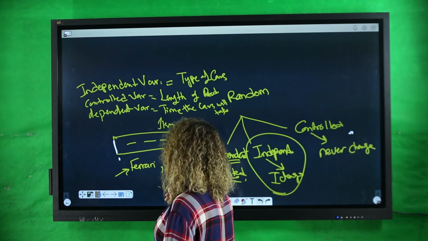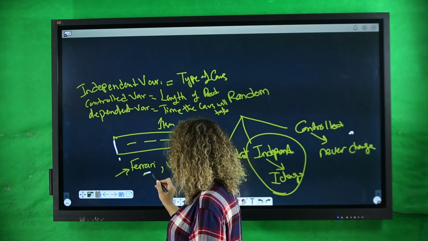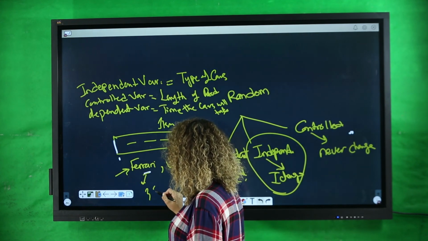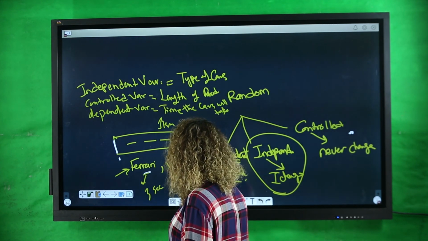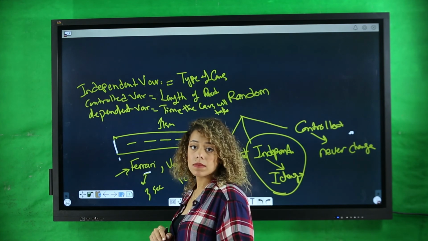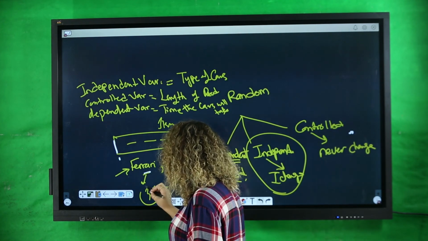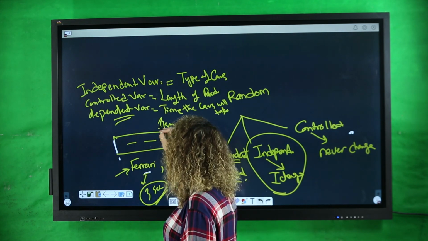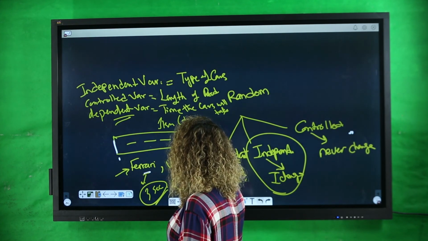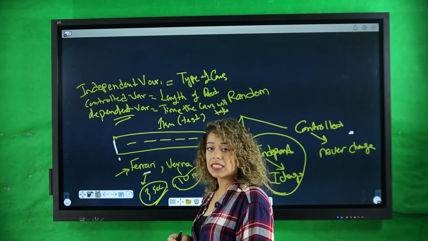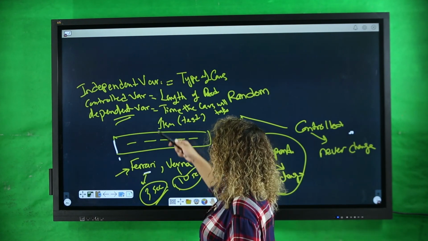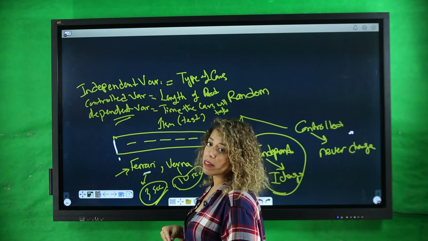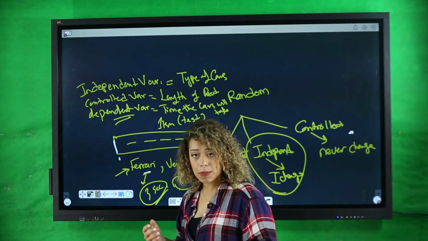For example, we say that the Ferrari takes 3 seconds and the Verna takes 10 seconds. So this is what we test, the time, which is the dependent. That's an example of independent, controlled, and dependent that we find in an experiment or in a sample.